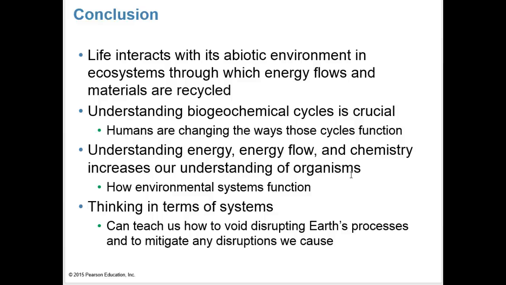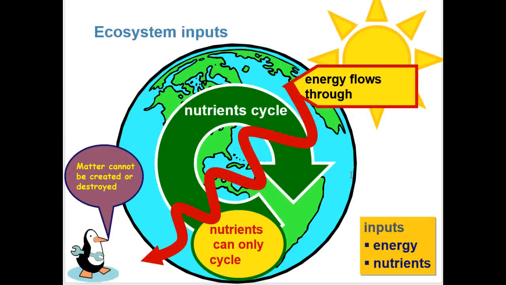Thinking in terms of systems can help teach us how to avoid disrupting Earth's processes and to mitigate any disruptions we cause. And once again, this last chart reminds us how energy flows through ecosystems, our ultimate source of energy being the sunlight, and how nutrients cycle, keeping true to the laws of thermodynamics: matter and energy cannot be created or destroyed.